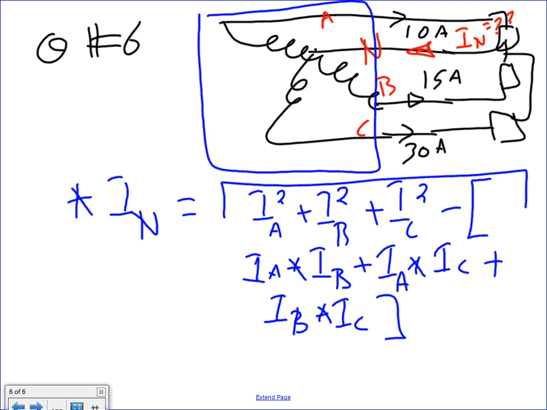Should put my brackets right in here. Everybody's there? The formula?